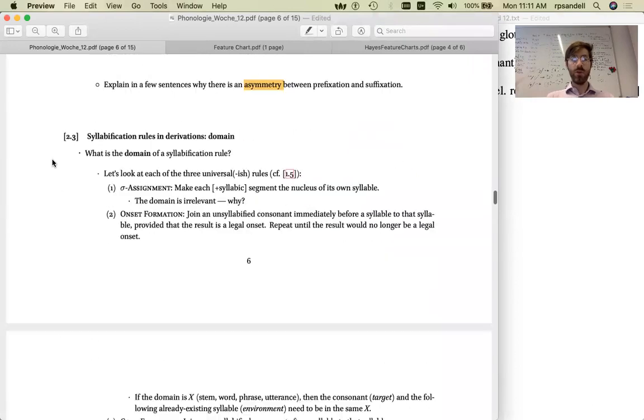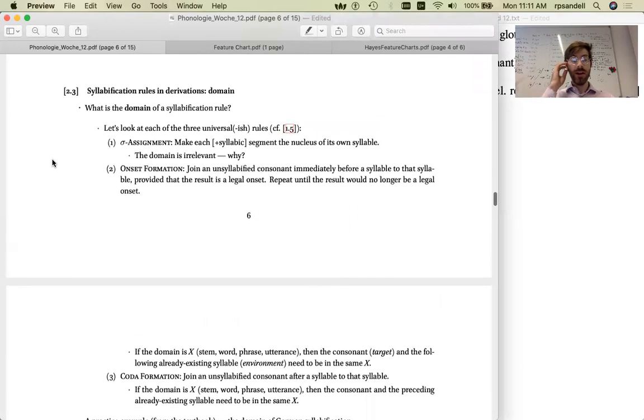All right. Now, another crucial aspect of understanding how syllabification can have effects across a language is understanding in what domains, in what bounding domains syllabification applies.